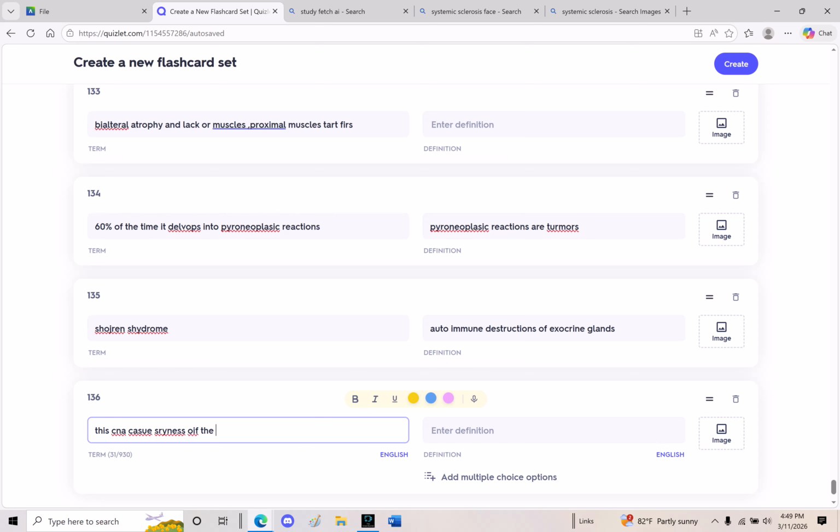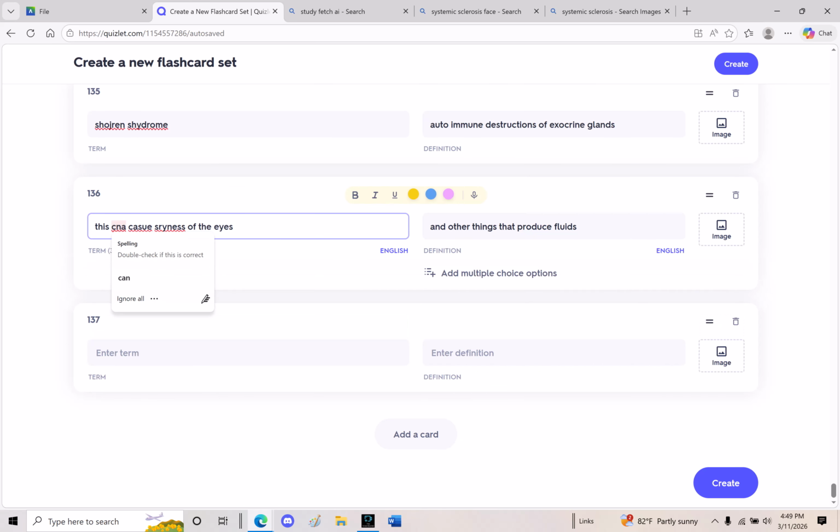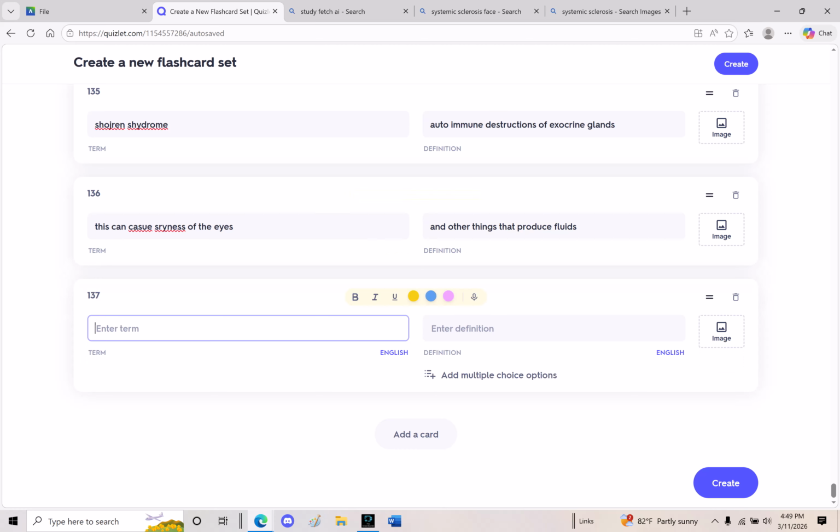Those dry areas can lead to complications. If you have dry eyes, it can lead to corneal ulceration. That was one of your quiz questions. Think of the fluid that usually goes on top of your eye reducing the friction. If you dry your eyes out and rub your eyes a lot, now you may scar the cornea, right?